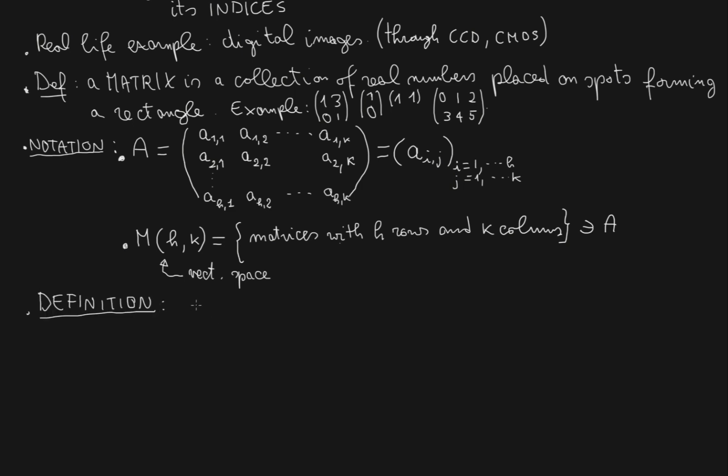So the condition in order to multiply two matrices is the following. We pick a matrix A in MHK, then a matrix B, capital B, in MKR.